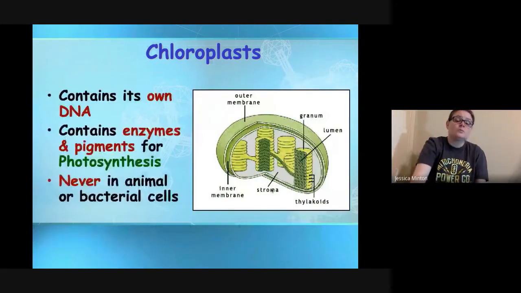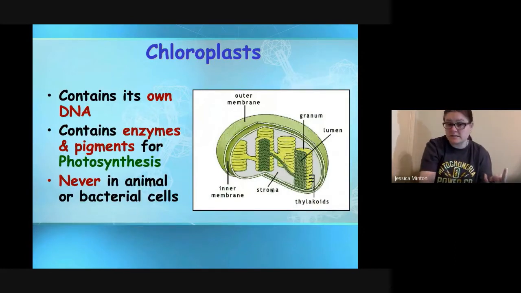So here is your other point: mitochondria contain their own DNA. Chloroplasts also have their own DNA. Now, chloroplasts contain enzymes and pigments for photosynthesis.